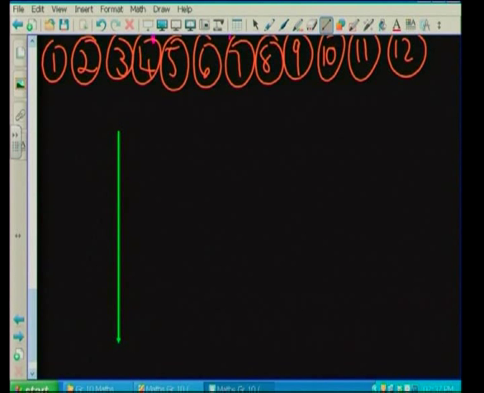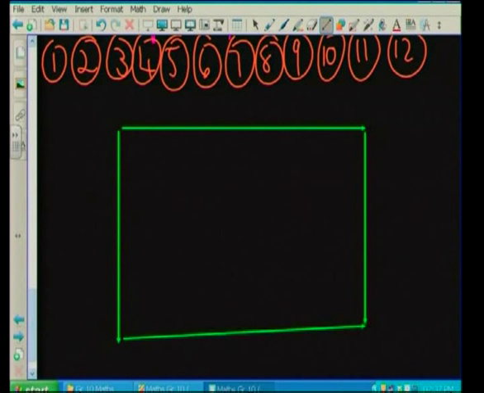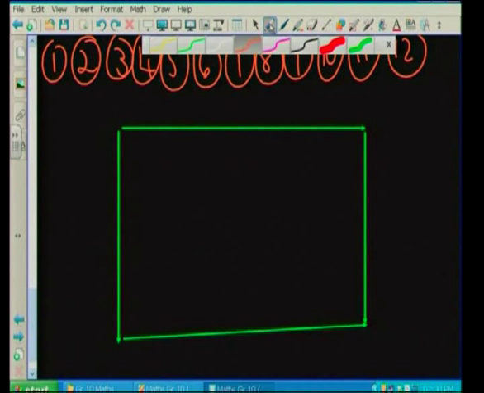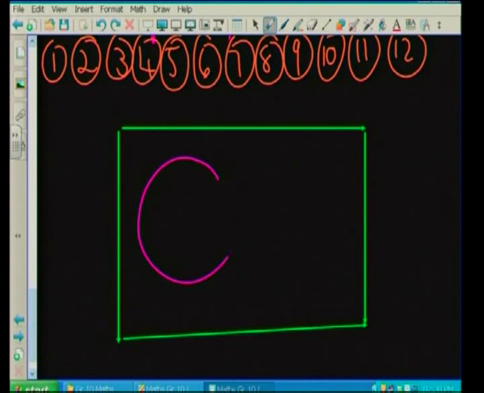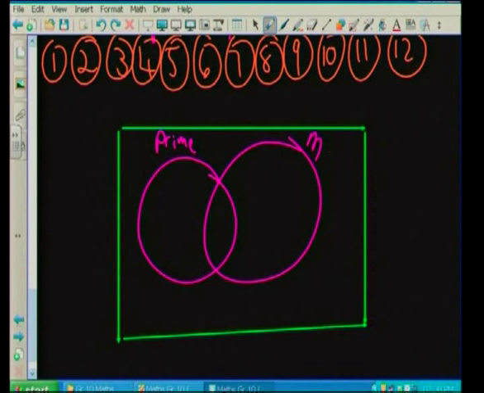Let's make it nice and rectangular. Okay, so that's my entire sample space. I'm going to make a circle for prime, and I'm going to make a circle for multiples of 4. I'll call that M4.